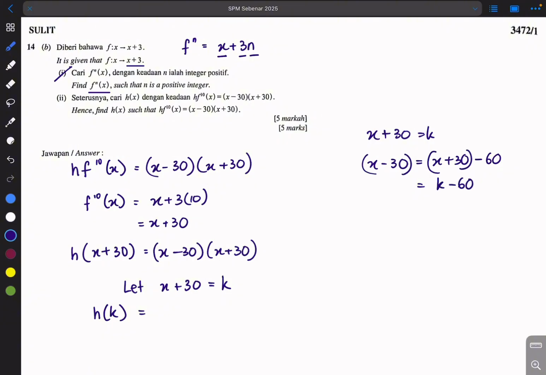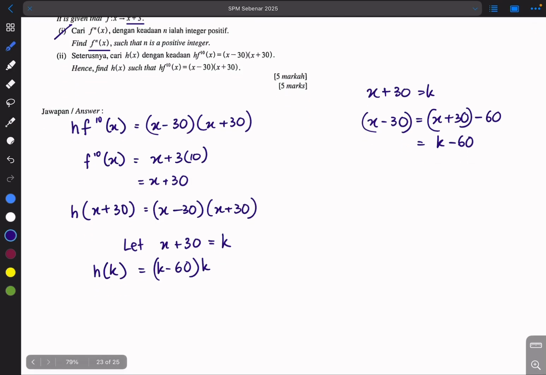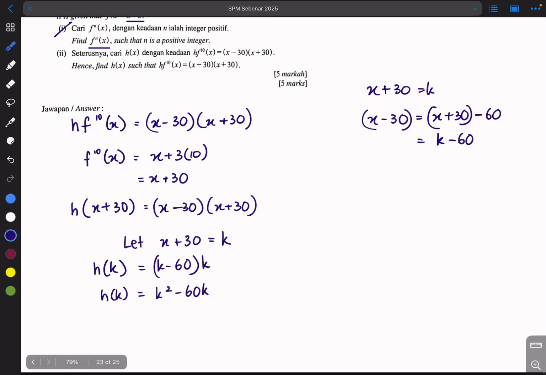So when we sub here, we put k minus 60, and then x plus 30 will be k. So h(k) will be k squared minus 60k. Then h(x) we can say is x squared minus 60x. So this will be the answer for h(x).